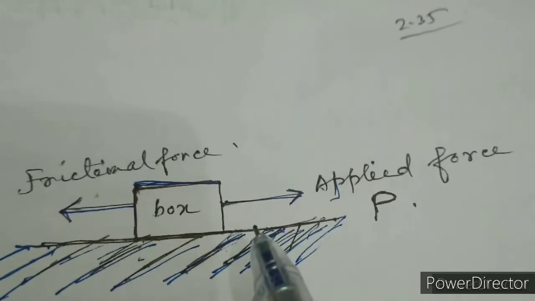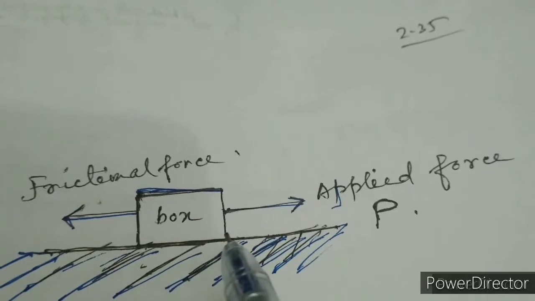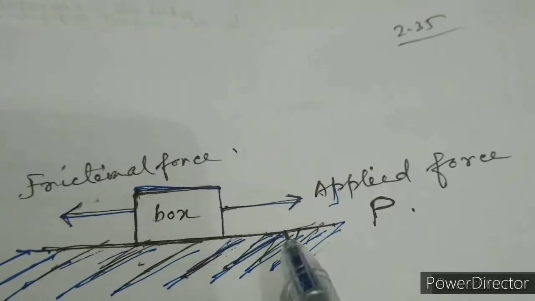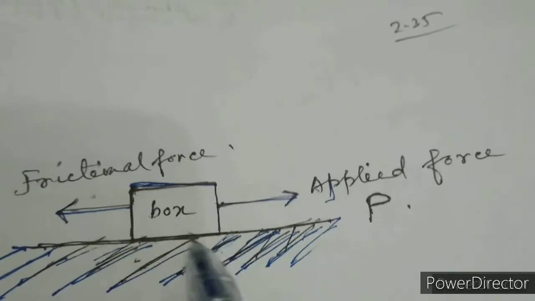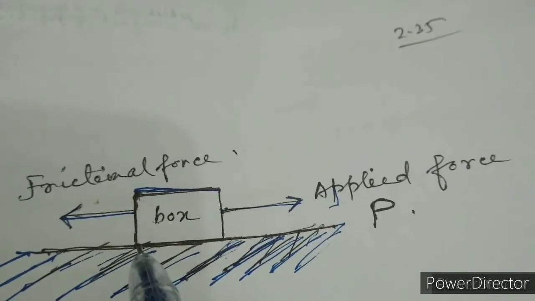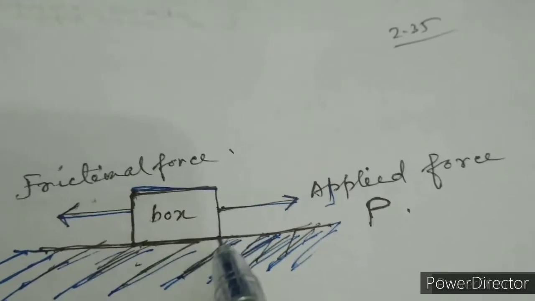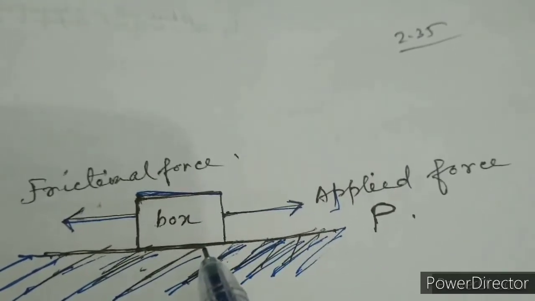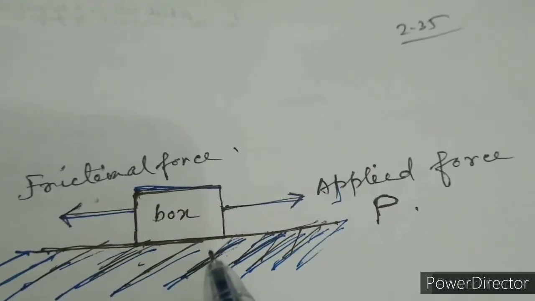Again we will increase the force and push it. Slowly as we increase the applied force, we will see that the force of friction is also increasing, which means it is not going to be displaced.